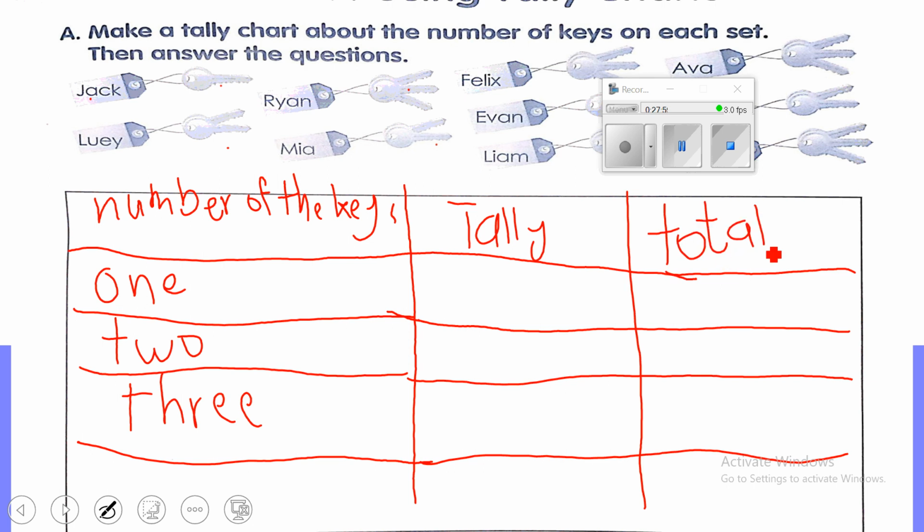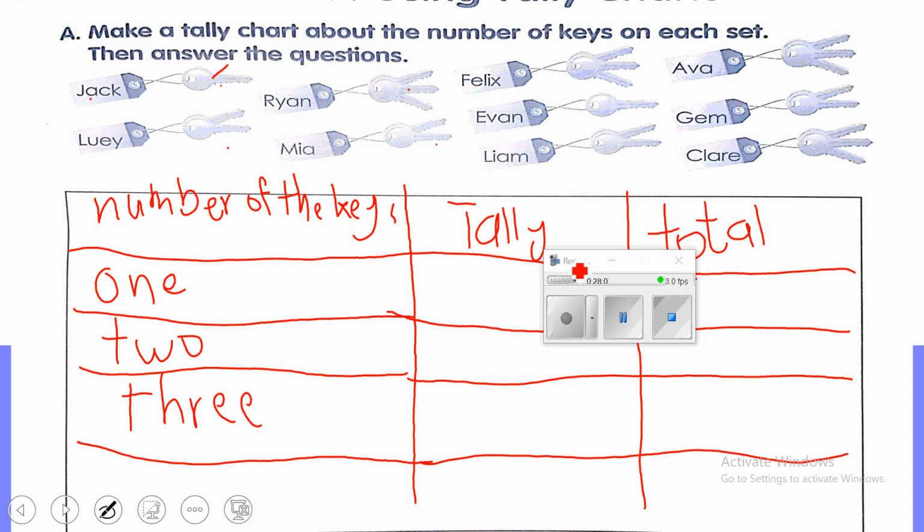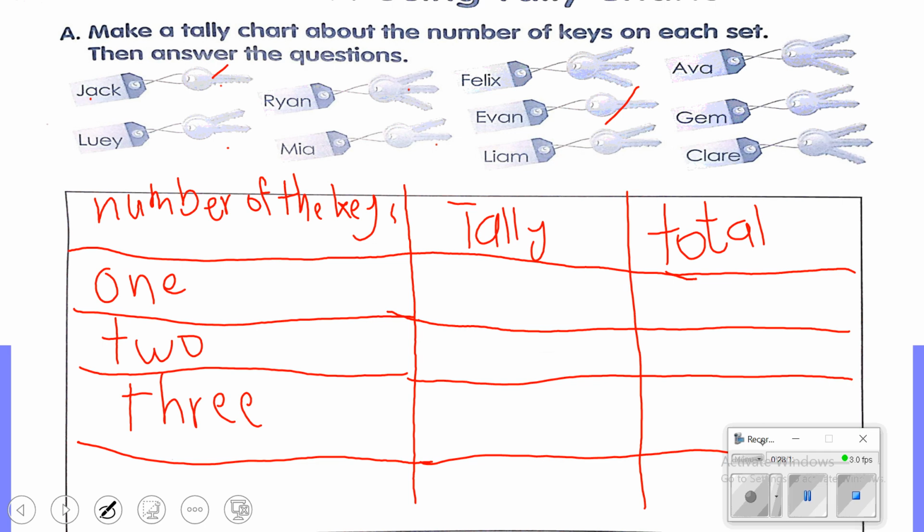Now, how many students have one key? Let's see. One, two, only two students. So here I have two, and I write the total two. How many students have two keys? Here is one, two, three, four.